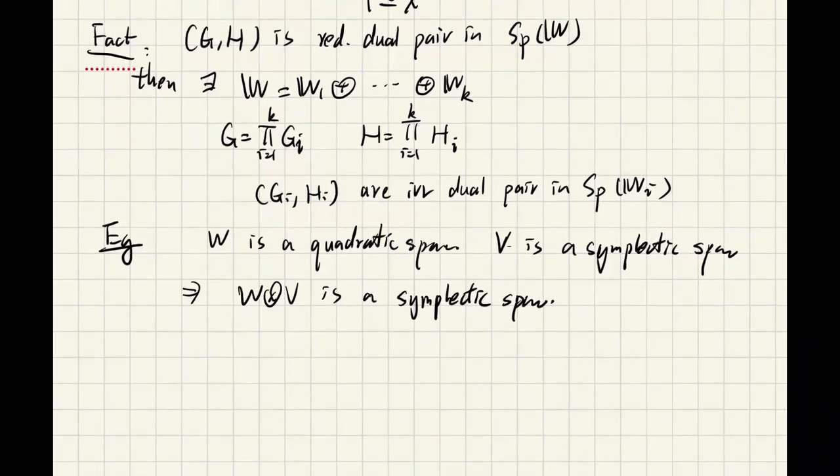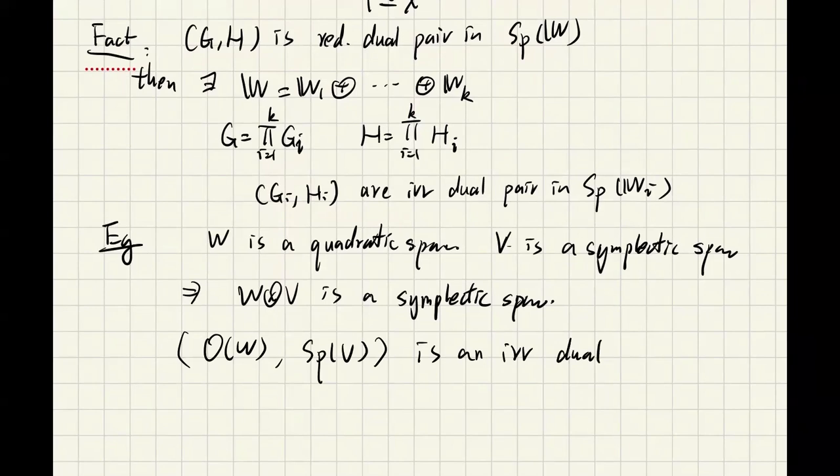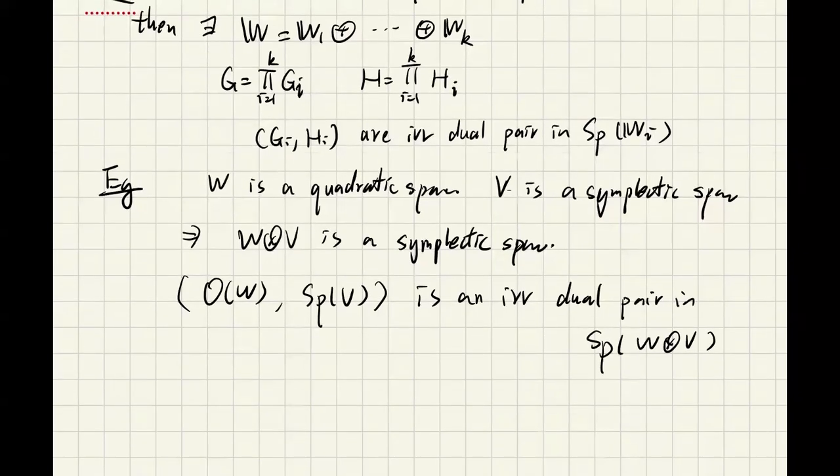And then O(W) and Sp(V) is an irreducible dual pair in Sp(W tensor V). Okay, so this is a typical example.